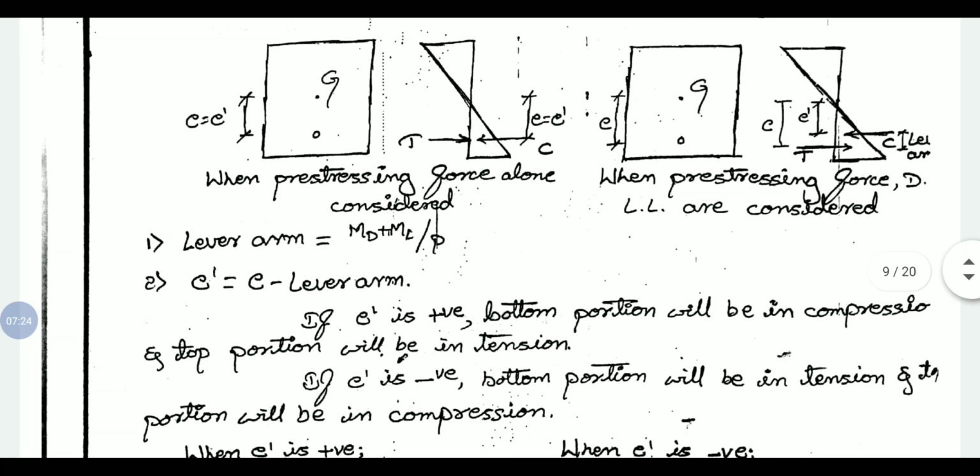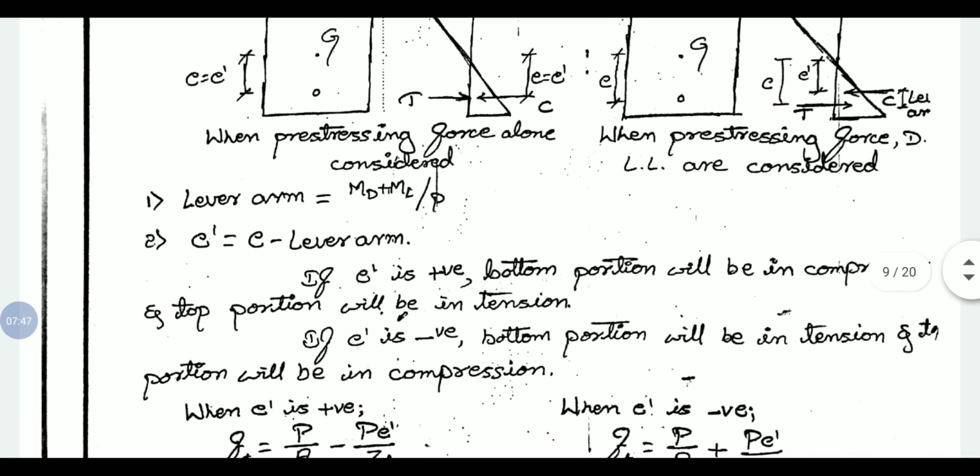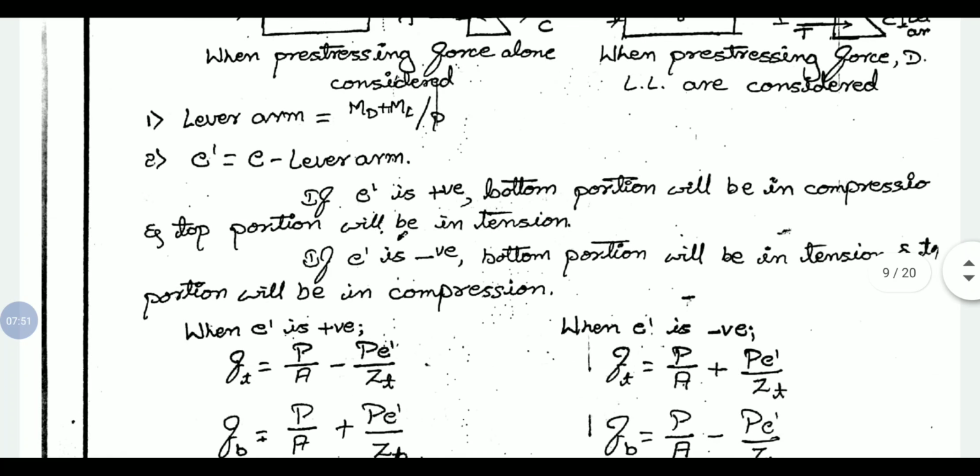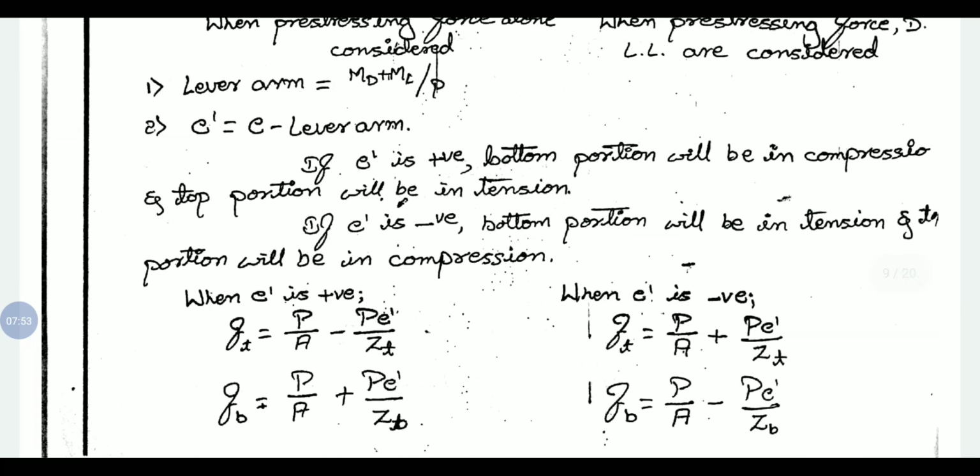E dash is nothing but the distance between the centroid of the section and the compressive force. So the total eccentricity minus the lever arm gives the position of the compressive force from the centroid. So we will consider that as eccentricity, and with respect to that eccentricity we have two conditions.